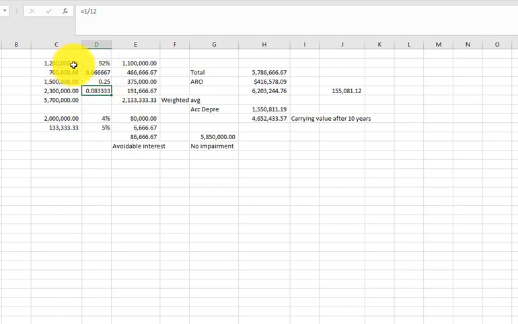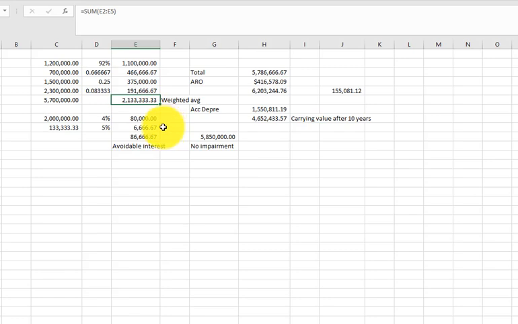So we take the amount, we multiply by the percentage of the year, if you will, or a calculation of how much of the year, and then we add them up. So the 1.2 million times 0.92, or 11/12, equals 1.1 million. Okay, and we adjust each one of those and add them up.